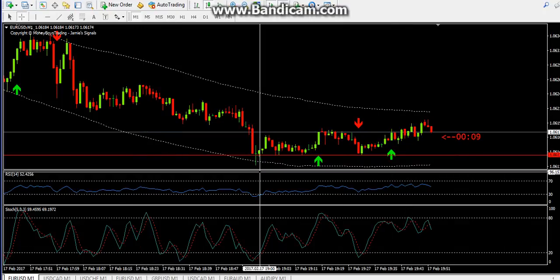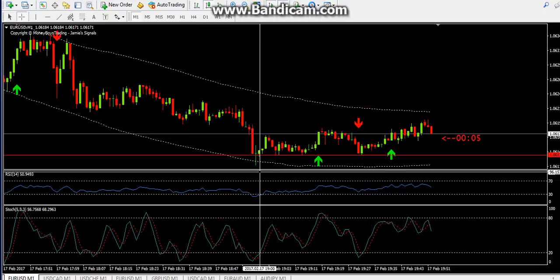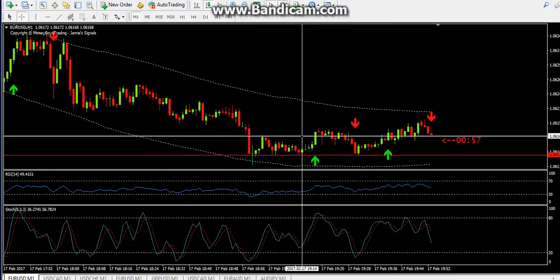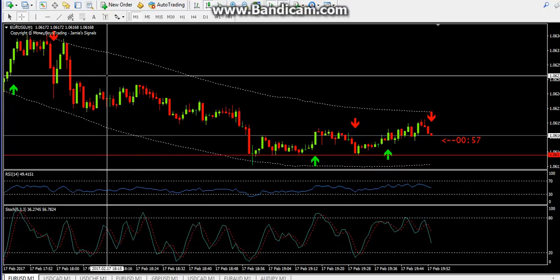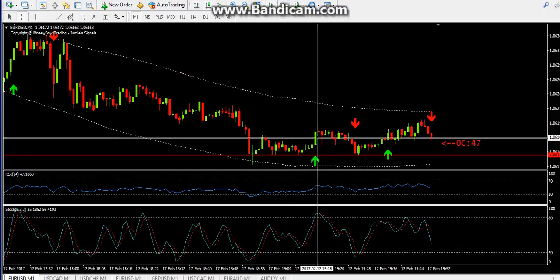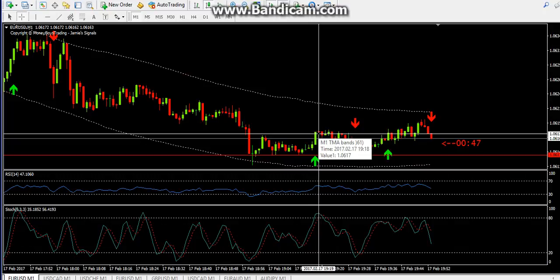What I always say, because obviously you're beginners and you're trying to understand all of this, is to look for these arrows here. You see how the price came down, and this arrow here signifies that a pullback has happened. The reversal is happening, but it's a pullback.